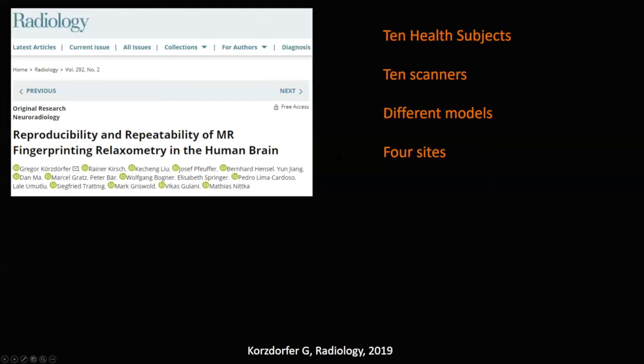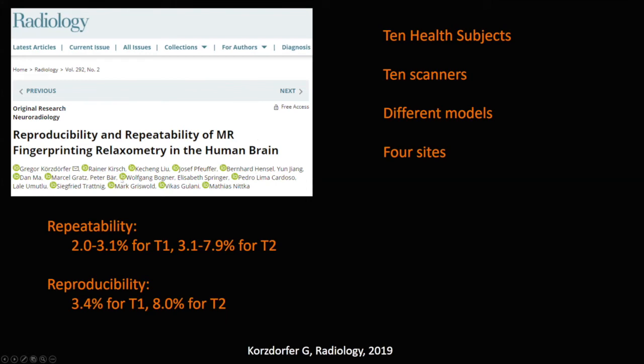Recently, there are also multiple publications about reproducibility and repeatability of MR fingerprinting in the human brain. This is one example, a paper published in Radiology. 10 healthy subjects were scanned in 10 scanners with different models and in 4 different sites. So this study was performed in a single vendor.